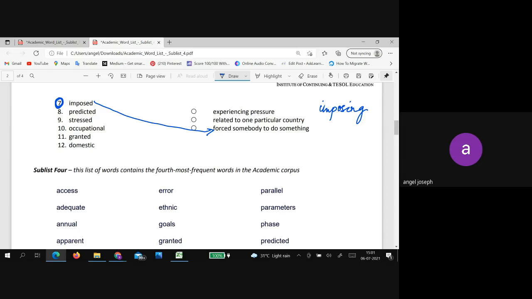The government is imposing a lockdown. You can use any form. Imposes, the principal imposes a fine as soon as he sees someone who is late to school. Please note down this word so that you can make a few sentences out of them. Today's homework: impose, forcing somebody to do something.